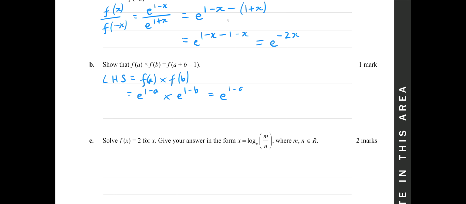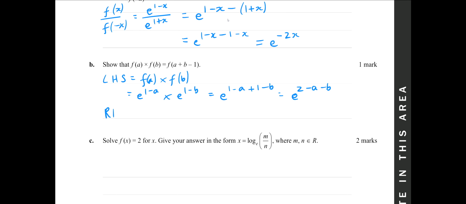Because again we have the same base, we can add the powers this time. So that's 1 minus a plus 1 minus b, and that is equal to e to the 2 this time, because 1 plus 1 is equal to 2. So that's e to the 2 minus a minus b. That is the left-hand side simplified.